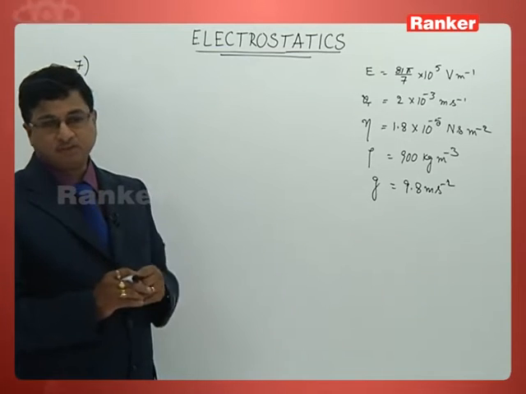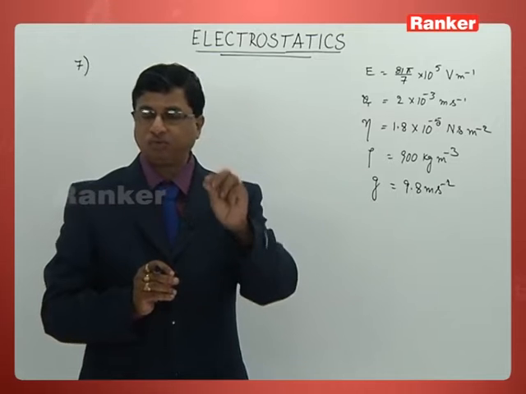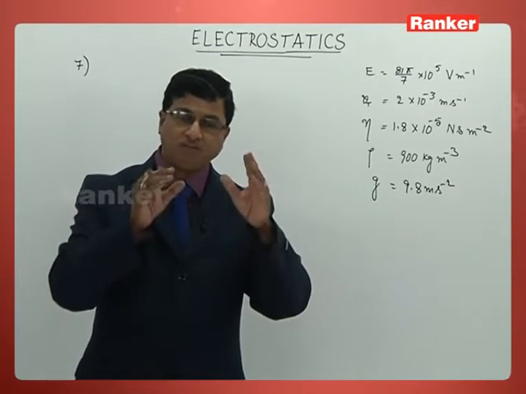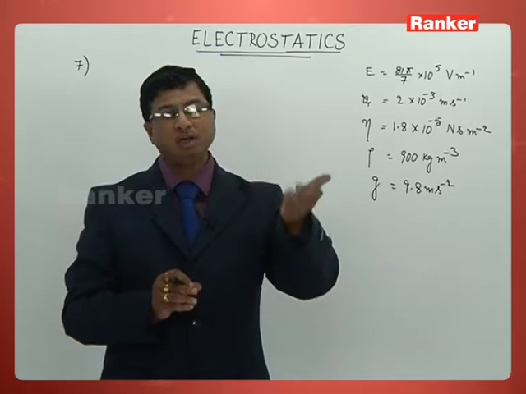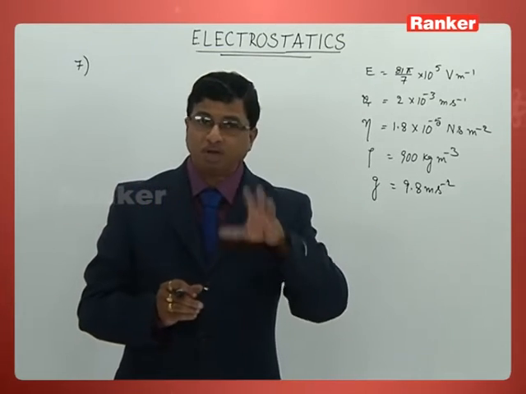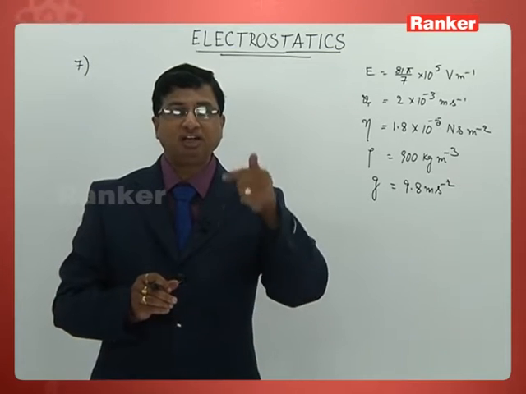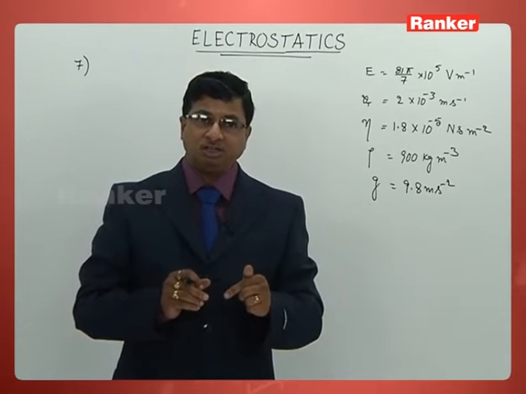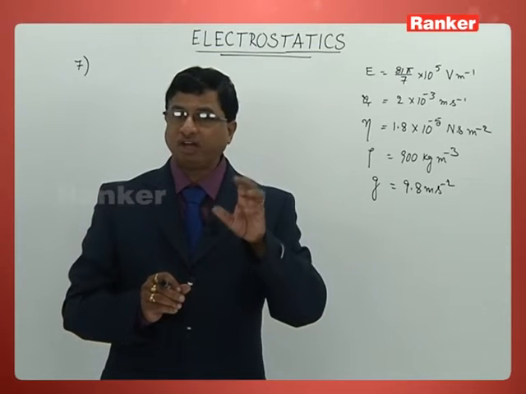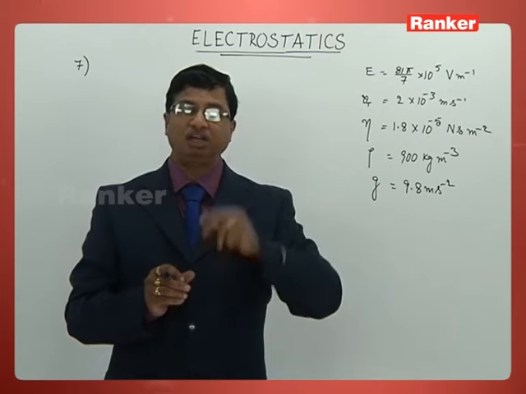Now let us check first of all what is the condition for that droplet to stay still in air. It's neither falling down nor going up. When will that be possible? When its weight, which is acting in the downward direction, is compensated by the force that is acting on the charge due to electric field.